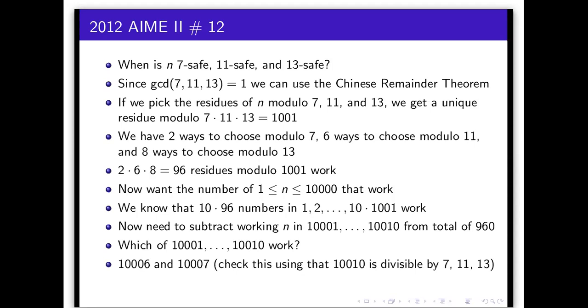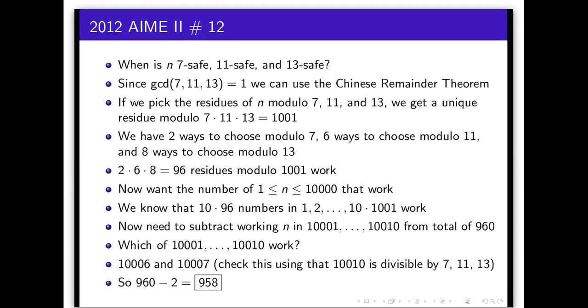You can check this using the fact that 10,010 is divisible by 7, 11, and 13. The nearest multiple of 7 is 10,003. The nearest multiple of 11 is 9,999. And the nearest multiple of 13 is 9,987. You can just use these close multiples to rule out any of the other possibilities and verify that these ones work. So we subtract that and we get the answer.